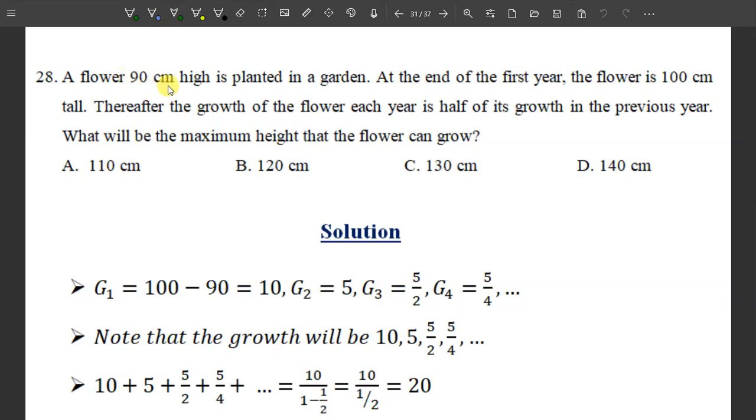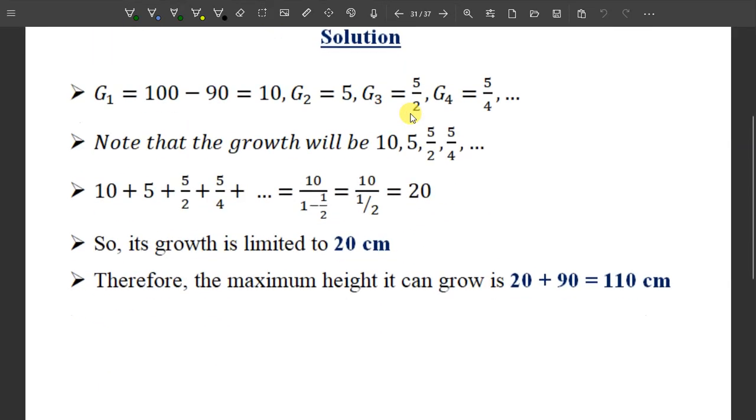If the growth continues by simply reducing to half of its growth in the previous year, then the growth will be limited to 20 centimeter, and therefore the maximum height it can grow will be 20 centimeter plus 90 centimeter, which is equal to 110 centimeter.